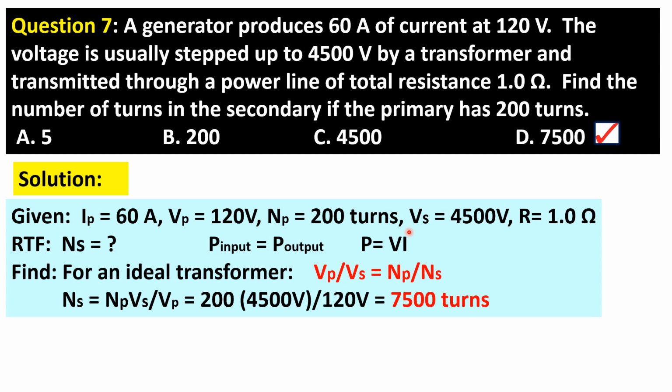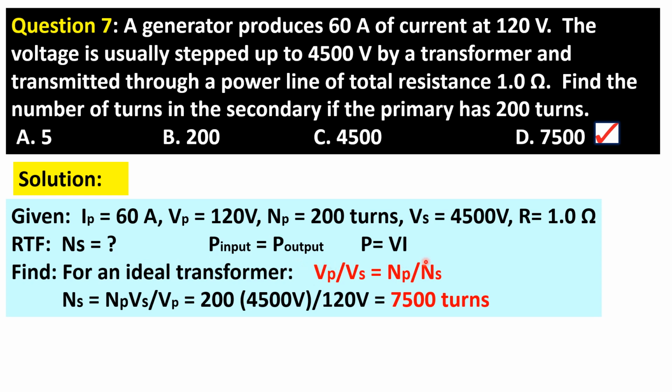We are assuming that the transformer is an ideal transformer. We will ignore any form of energy that is lost in the process, which includes thermal energy. So an ideal transformer is far from reality. But for simplicity, that is what we will assume.